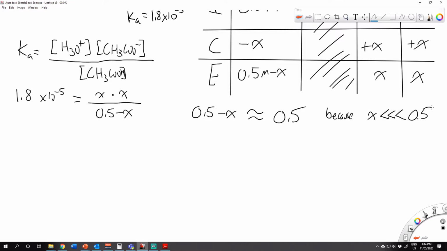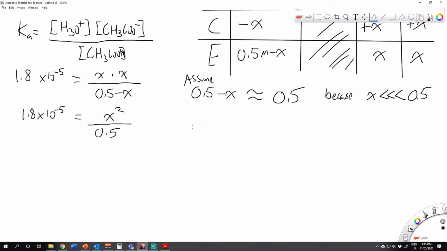This is to make the math easier. And when we finally figure out what X is, it'll actually make a lot of sense. I'm not sure if we did this assumption in the equilibrium unit. I want to say we did, but I'm not certain. Anyways, we'll make the assumption now. So now it makes it a lot easier.